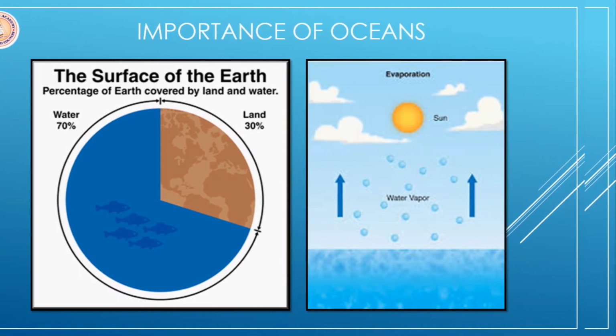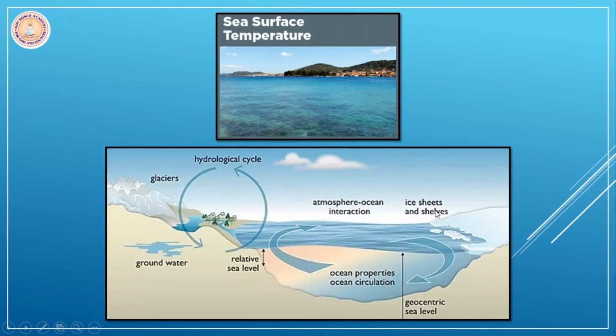Oceans also help in controlling the temperature. They have a great impact on the climate of the coastal area. Oceans are able to store up heat. The Earth gives out a large amount of heat by the emission of carbon dioxide and several other gases.